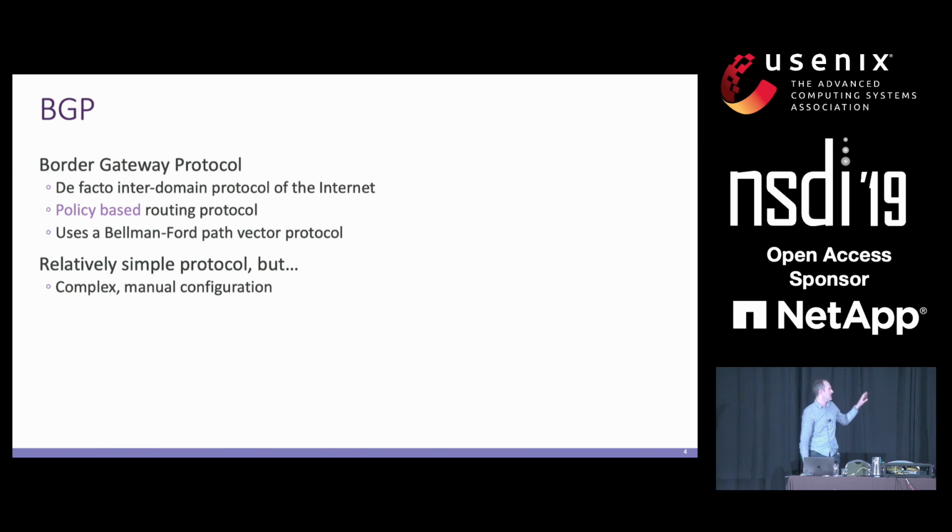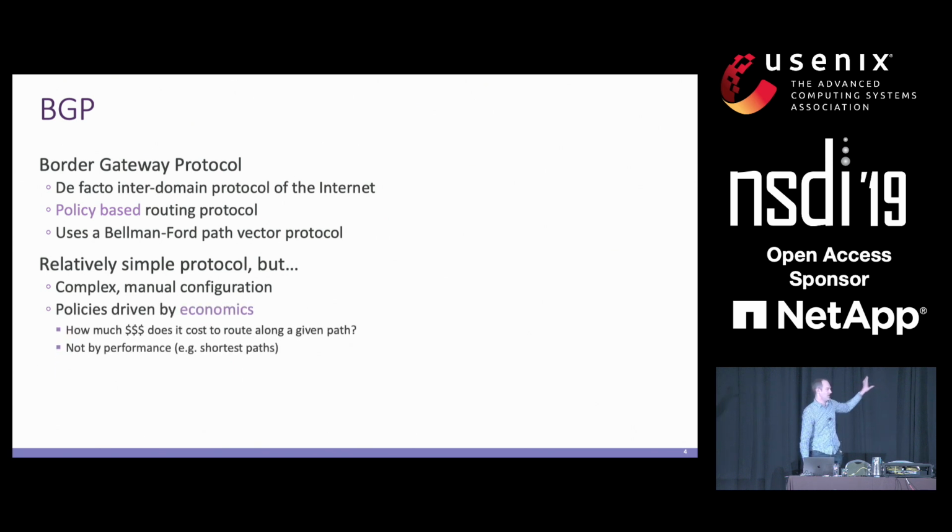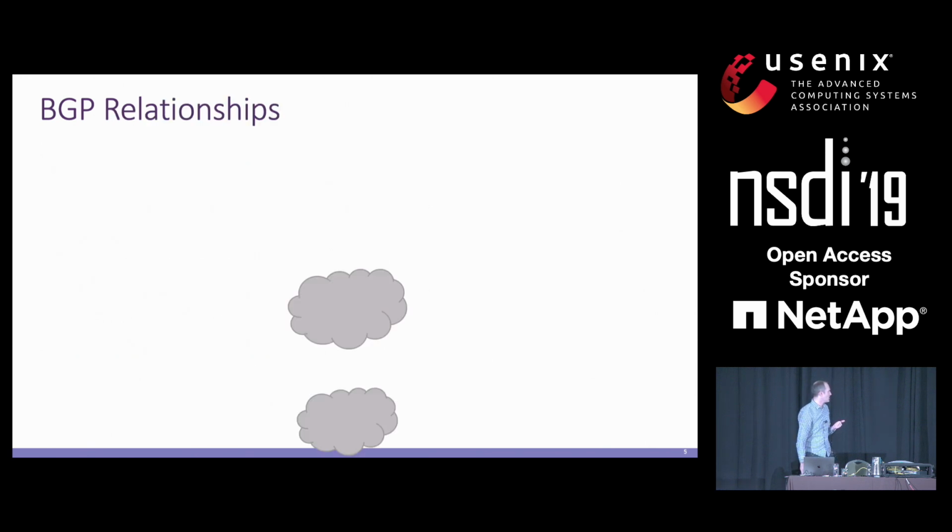There's a whole lot of issues with it that have been described over many years of papers. But generally, the most important thing you need to know is it's based on economics. Decisions are made based on cost, as companies are trying to make money or reduce the amount of money that they spend. OK, so when it comes to AS relationships, we need to talk about these BGP relationships.